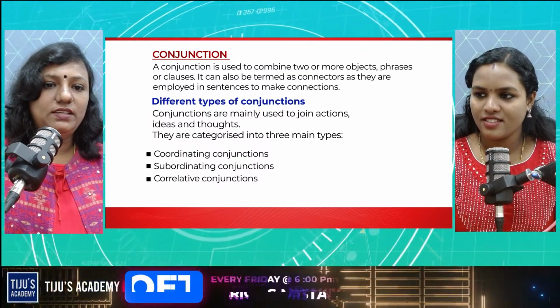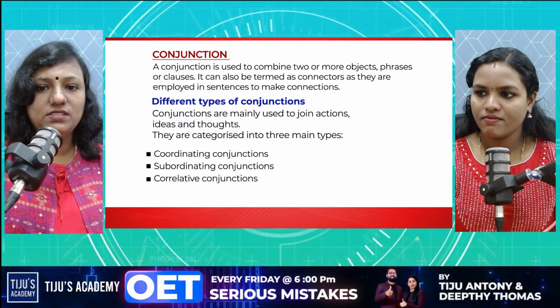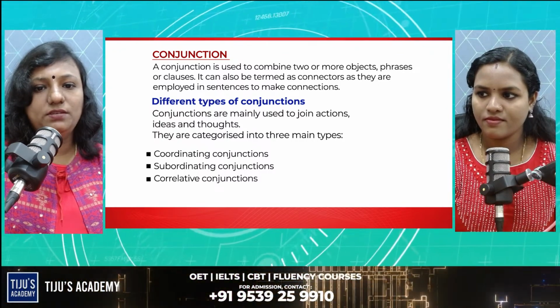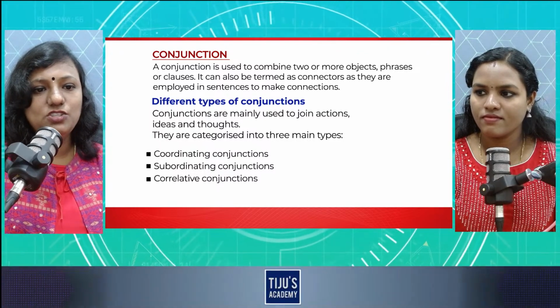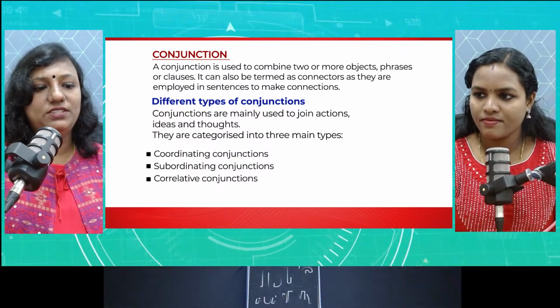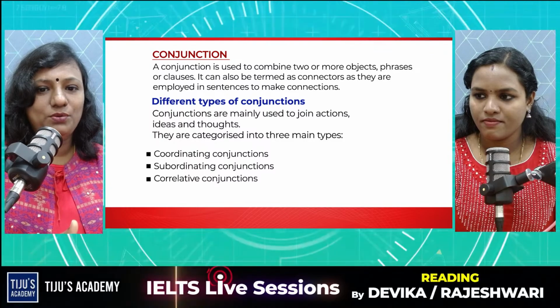A conjunction is a word used to combine two or more objects, phrases or clauses. It can also be termed as connectors, as they are employed in sentences to make connections. On hearing the word we are all aware of it, right?